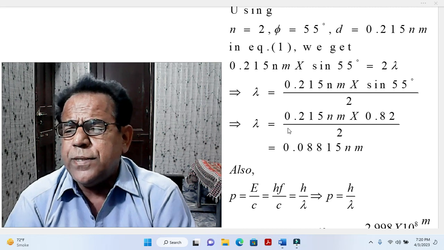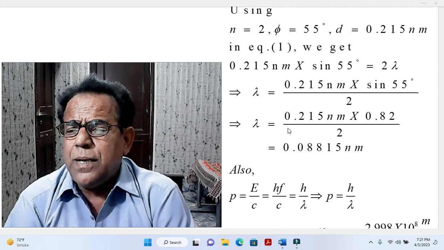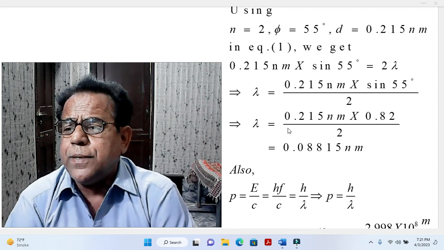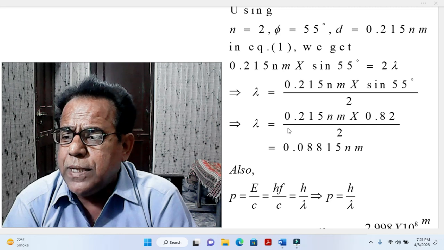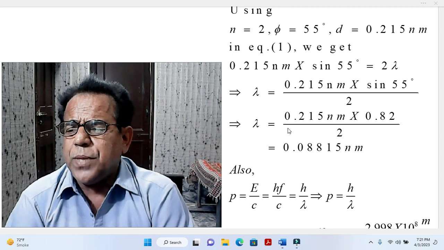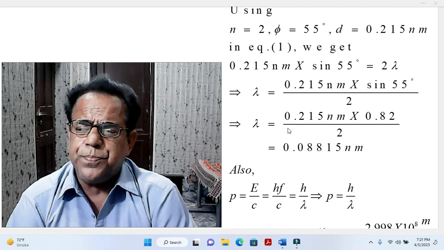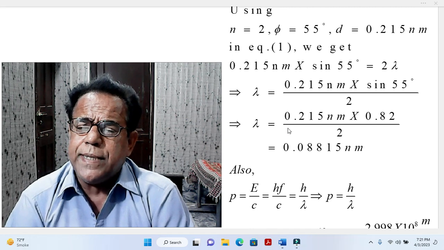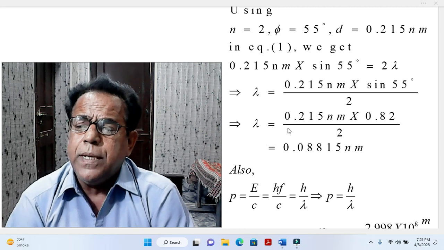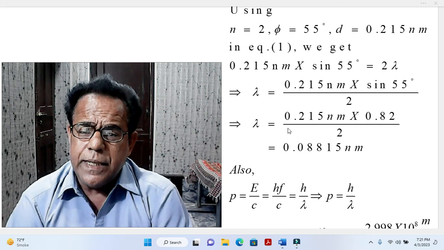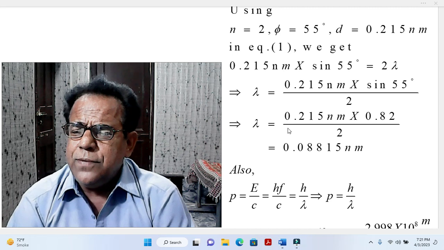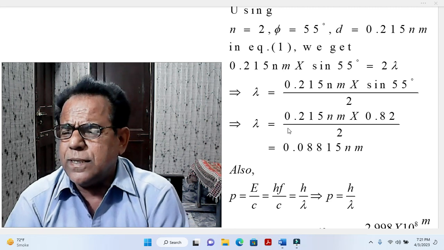But here, because the internet is available, I have taken the value of sine 55 degree equal to 0.82 from the internet. No matter whether we take this value from a scientific calculator, from a table in hard form given in some book, or from the internet, this is not an issue.